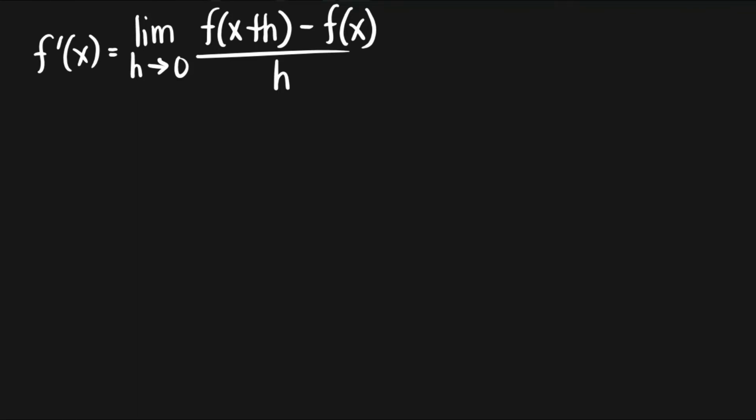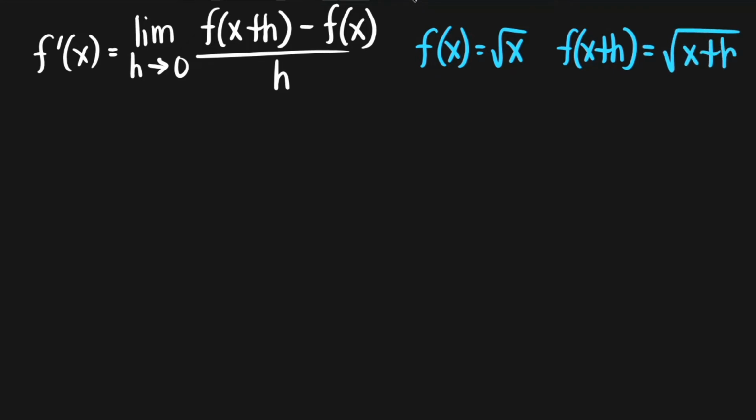Let's have another example. How about we find the derivative of a function inside the radical sign? Let's say f of x equals the square root of x. In this case, f of x plus h will be equal to the square root of x plus h.